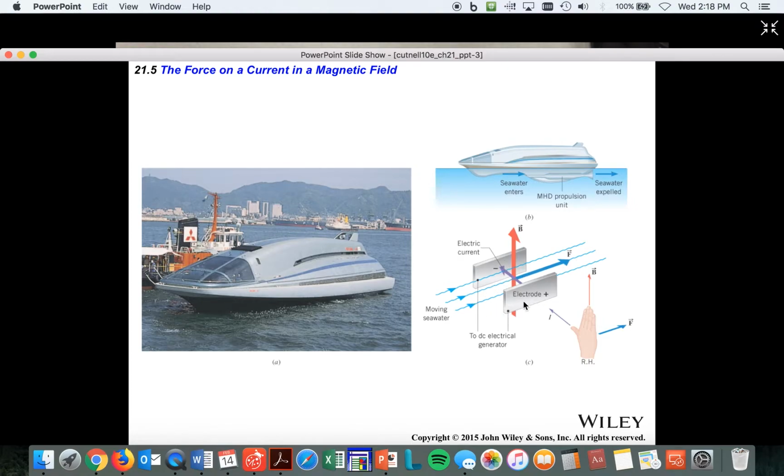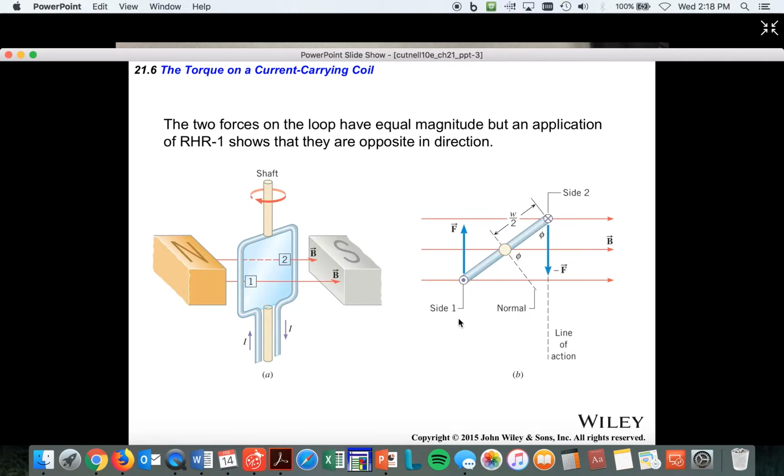Seawater goes through there, creates a huge force going this way, which will push the boat this way, because it creates a tremendous amount of force. Electric field going like this, B field going up, boom. Inside the ship, they've got this huge magnet that runs there. Maglev trains kind of work the same way.